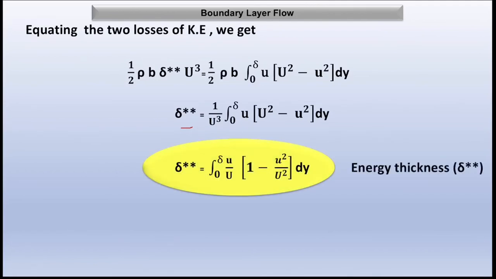So this 1 by U cube will multiply inside the integration, and it becomes delta double star equal to the integration from 0 to delta of u by U under square bracket 1 minus u square by U square under bracket dy, and this is called the energy thickness. So from this equation we can calculate the energy thickness. The energy thickness is nothing but the distance by which the plate or the boundary should be displaced to compensate for the energy loss.